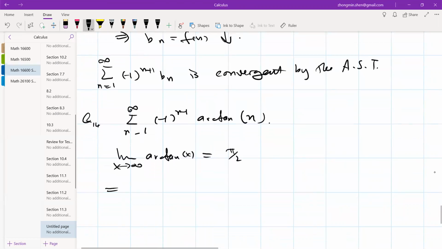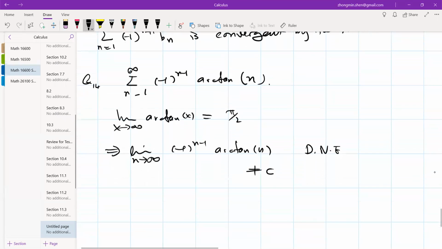So this limit does not exist. It's definitely not going to be 0. The second part is converging to pi over 2, but the first part is alternating, it changes sign. So this limit does not exist.